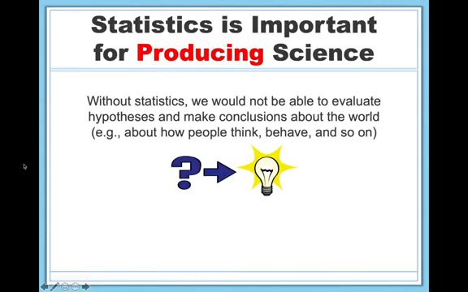So just as a kind of final note or two, I want to say that statistics is important for both producing science, what we just saw here, but also, as I'll mention in a second, consuming science, learning and understanding all about science. Now, I've already shown that without statistics, you wouldn't be able to evaluate your hypotheses about the world. You wouldn't be able to make any conclusions.